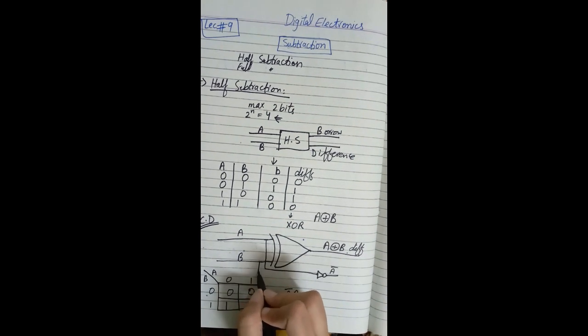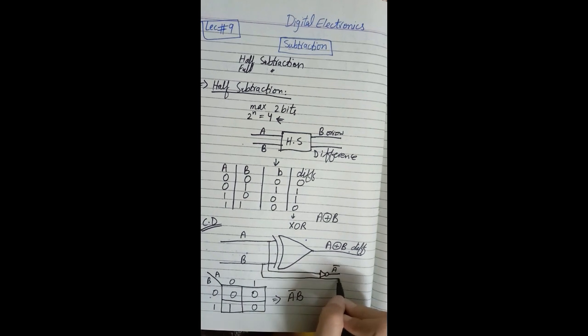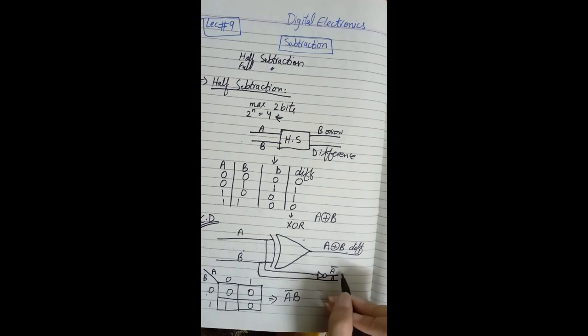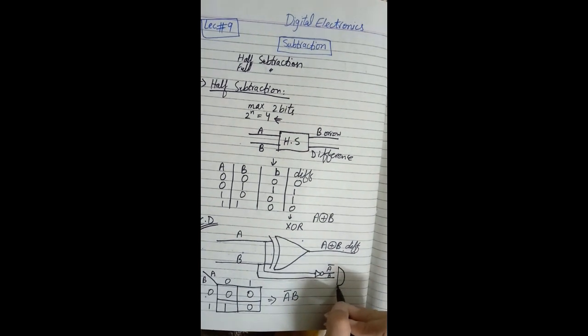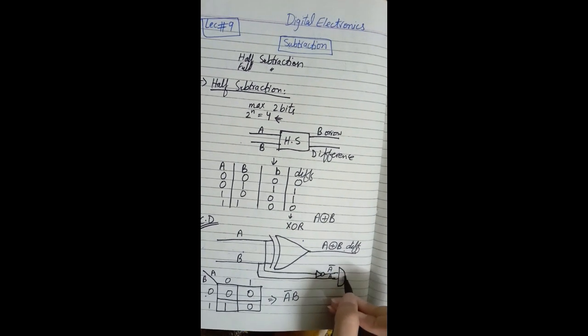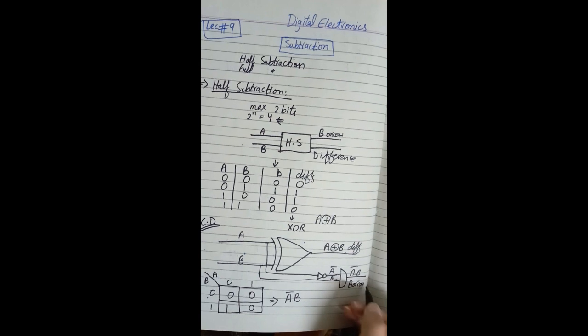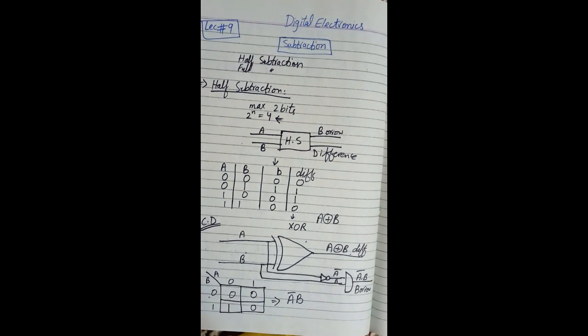We have B. This is our B and this is A bar. Then we will have an AND gate, which gives A bar B. This is our borrow.